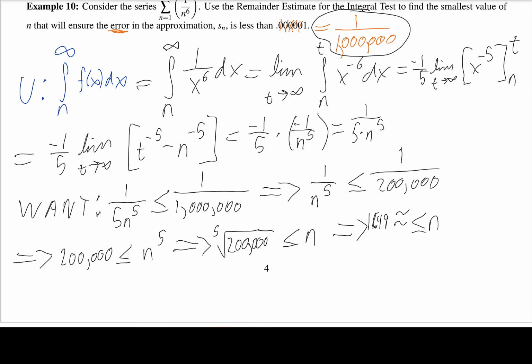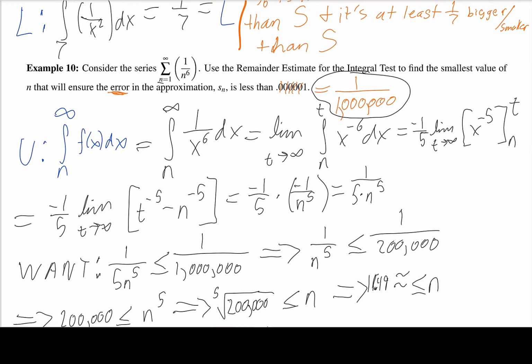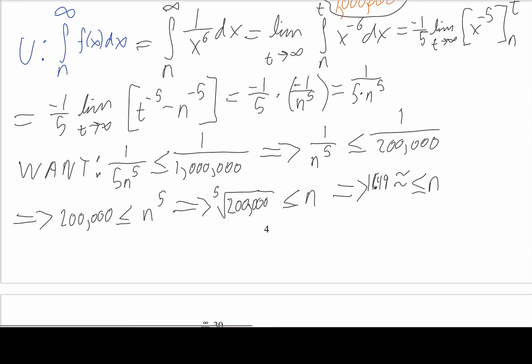Now, what we should note is that n, when we're looking at values of n, these are always positive integer values, right? We start at n equals 1 and goes to infinity, and when we're plugging in values for n into our series, these are going to be like 1, 2, 3, 4, 5, and so on, right? We're not plugging in a decimal. So the smallest whole number that I can plug in that will satisfy this inequality is going to be n equals 12, right?